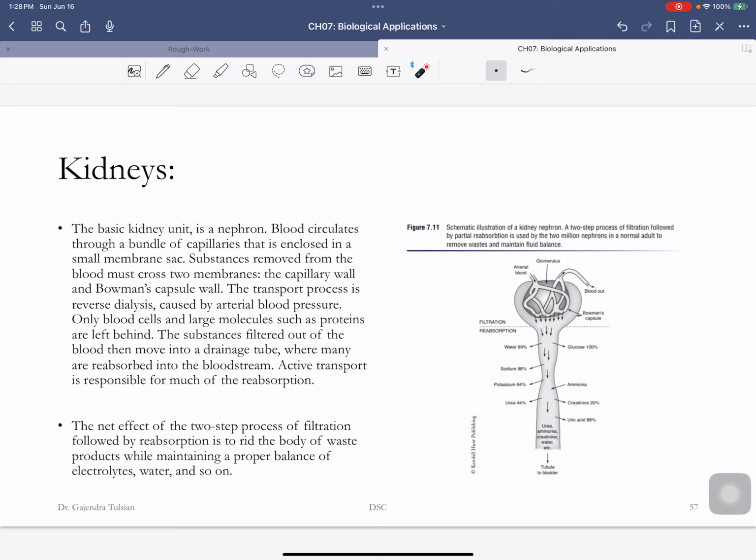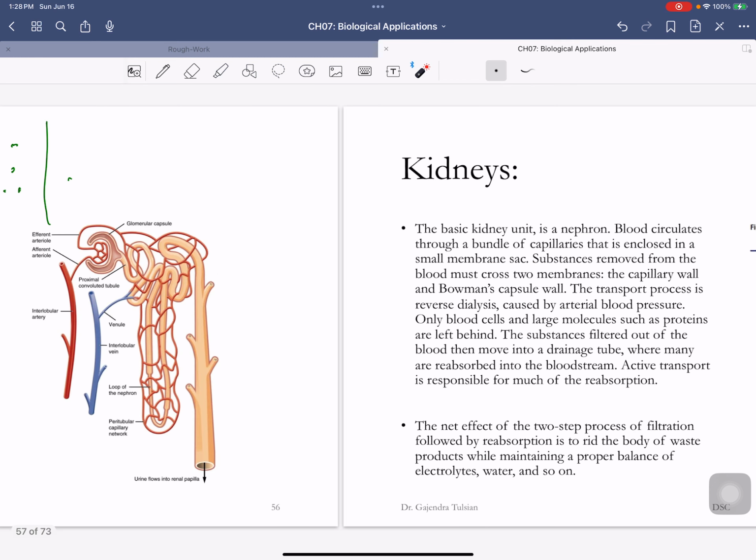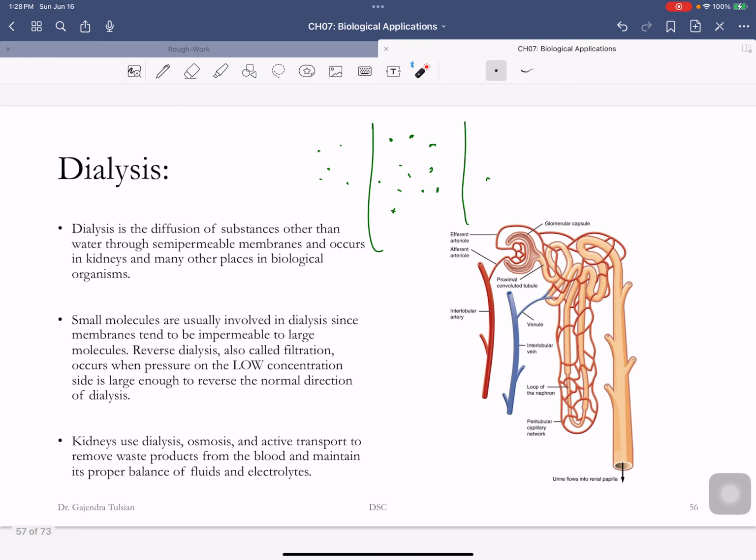So the transport process, in the case of the kidney: the concentration here is smaller, and so higher blood pressure in the capillaries transports the waste products out.